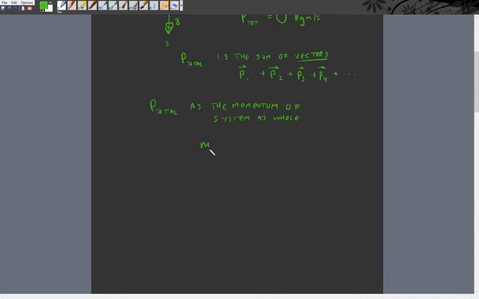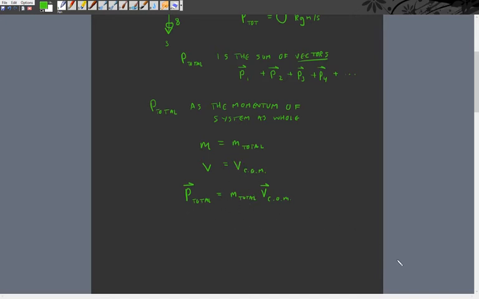Well, the mass of the system is going to be the total mass of everything added together. And the velocity for your total momentum is going to be the velocity of your center of mass. So another way to write your total momentum, although we won't be using this today, is the total mass of your system times the velocity of the center of mass. And of course your velocity is a vector, your total momentum is a vector, and your mass here is a scalar.